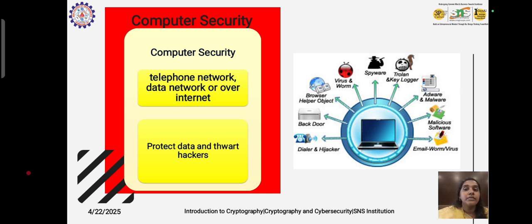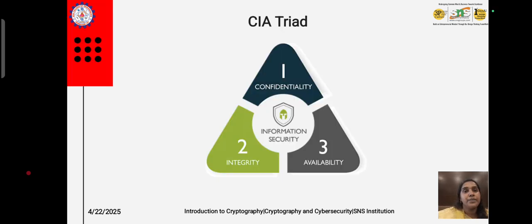All these come under computer security. Your computer must be secured whenever we are using it. It mainly includes telephone networks, data networks, or the internet. All these things come under computer security, which must protect the data from hackers.